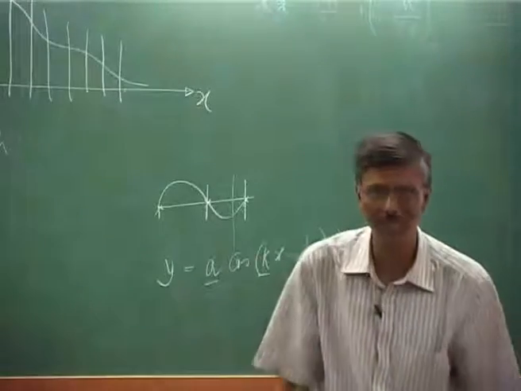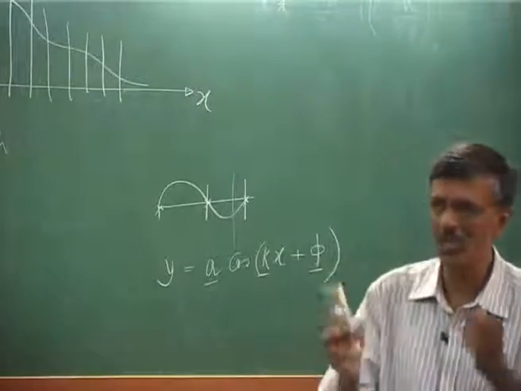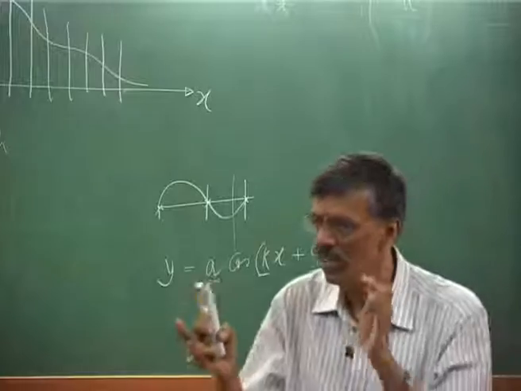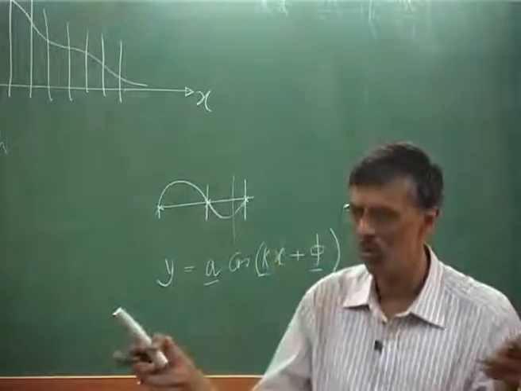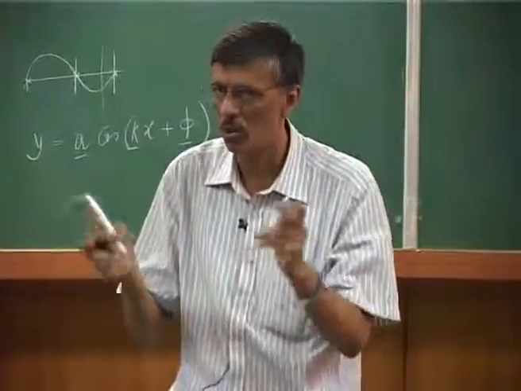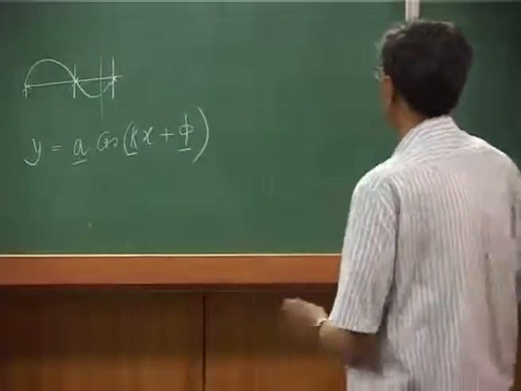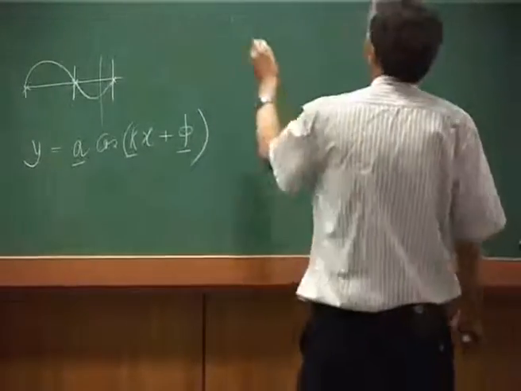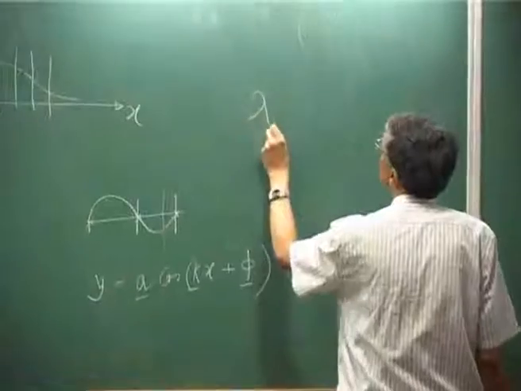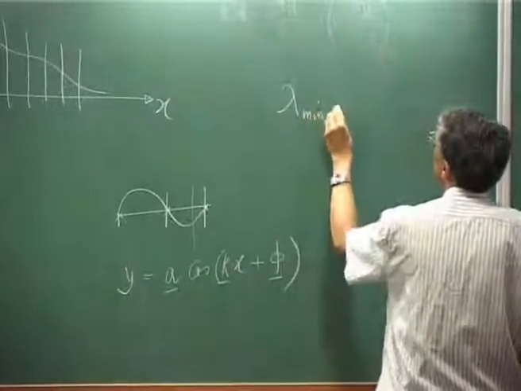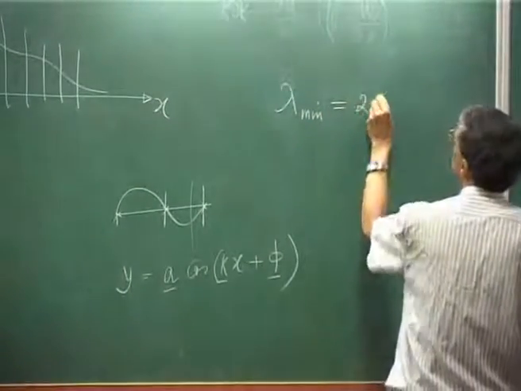The wave is not completely described. So, basically to describe a complete wave, I would require the full wavelength to be spread over 2h. So, that is your lambda minimum. Lambda minimum is 2h.